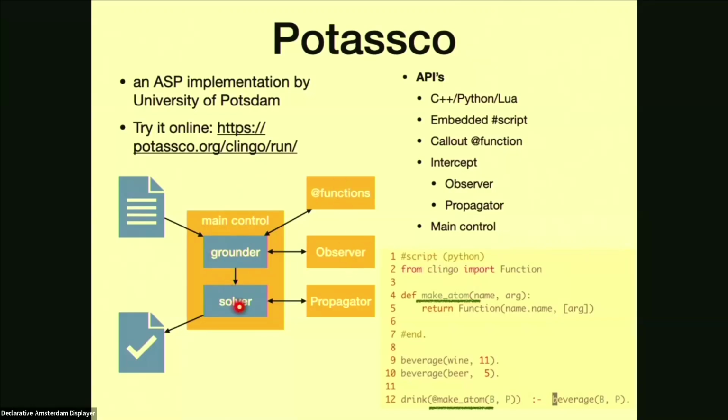The interesting thing is that there are lots and lots of possibilities to do your own coding in and around ASP. You can create a Python program and control all the things that need to happen during grounding and solving yourself. You can also let that be done by the standard Clingo, which is their standard program, but then have call outs for add functions, which we already have seen.